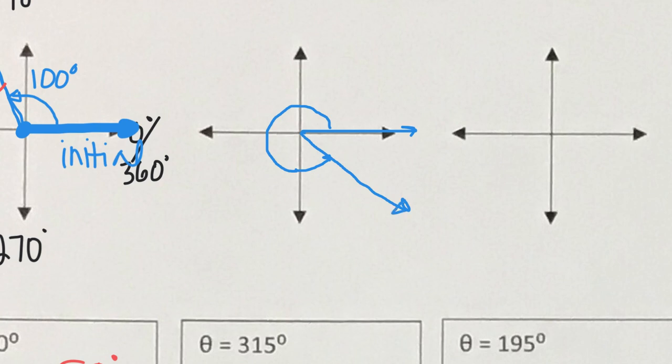That would be a 315-degree angle, which means our reference angle, to get back to the x-axis, would be 360 minus 315, which would be 45 degrees.